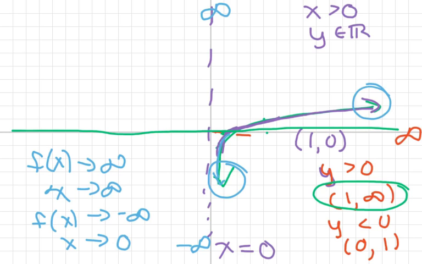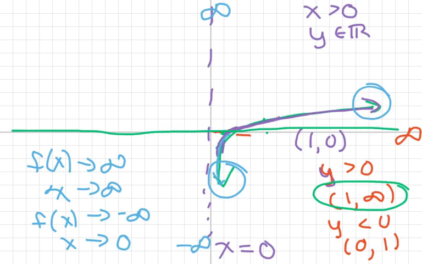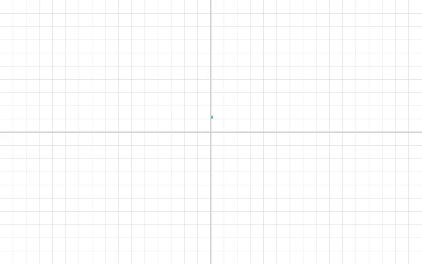The inverse is just y equals e to the x. So I'm just going to graph those points there. If I graph y equals e to the x, that's close to 3. Here's the inverse, so that's f inverse, and our original was here.